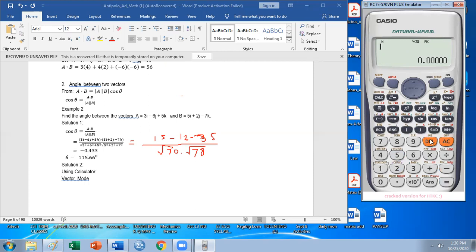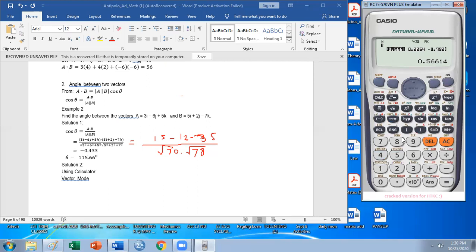And then get the unit vector: Shift 5, 4 divided by the absolute value of Shift 5, 4. Wrong again, it's Shift 5, 3. There. And then store it to vector B.